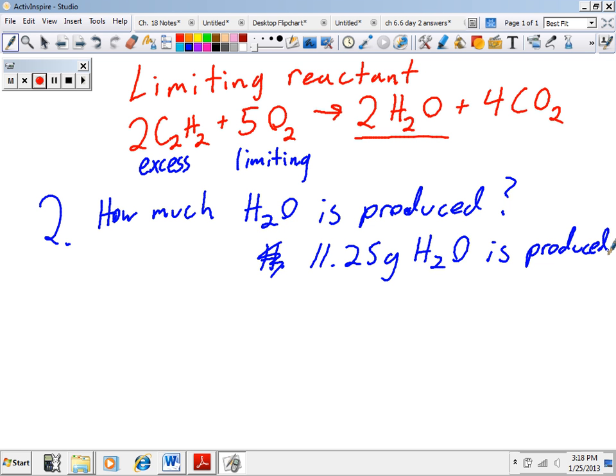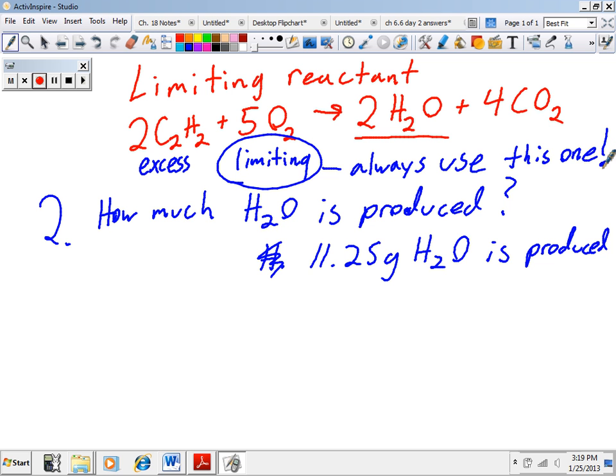We always, always, always use the limiting reactant for our stoichiometry. Okay, that's very, very important. All right. The next part of this question we could ask would be how much CO2 in liters, because it's a gas, so we're going to do a volume one, is produced.